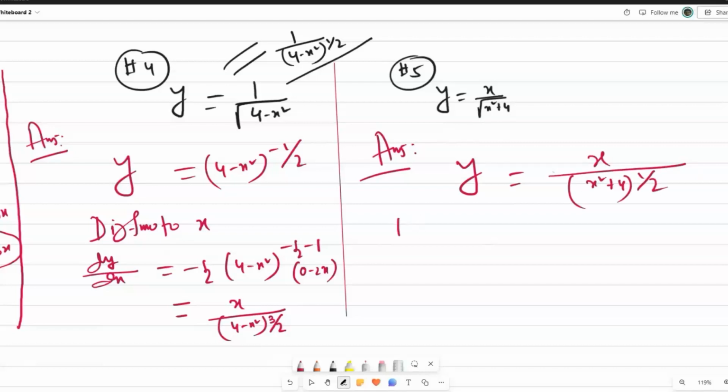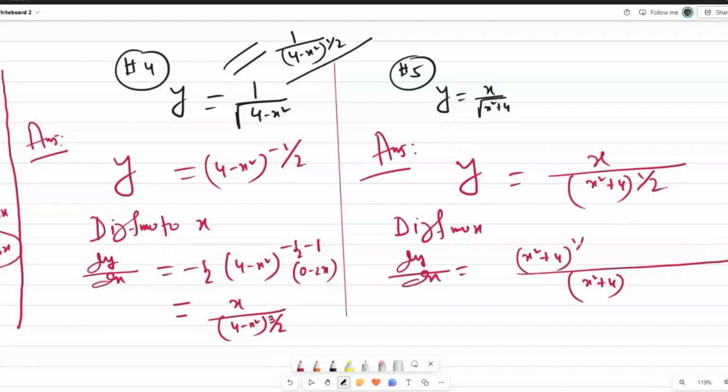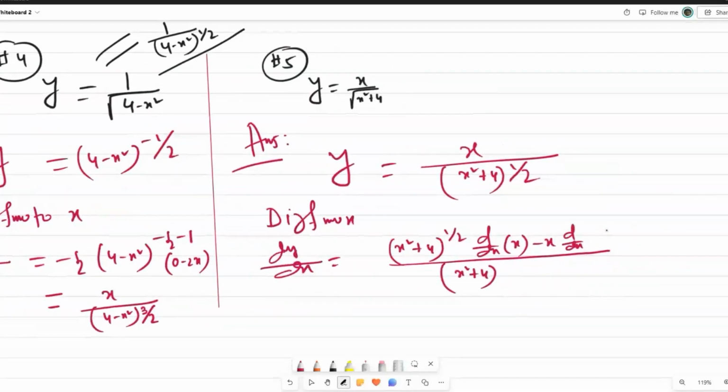So differentiating with respect to x, dy by dx equal to denominator whole square, half square, it is 1, x square plus 4 to the power half, derivative of x, x into derivative of... am I clear? It's all right.